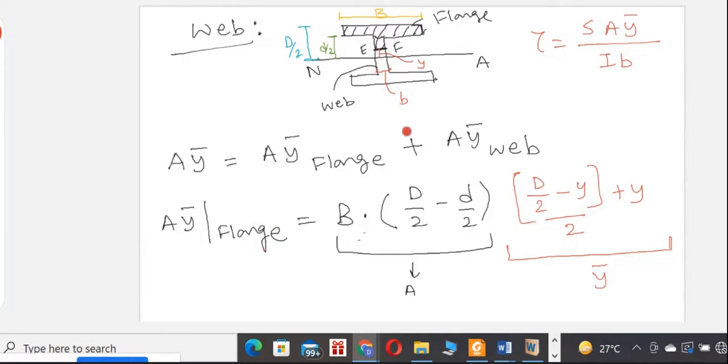the thing is that y is not situated in the flange. So whoever said it, you understood that y is currently in the web. So this portion we will consider entirely, right? Yes sir.